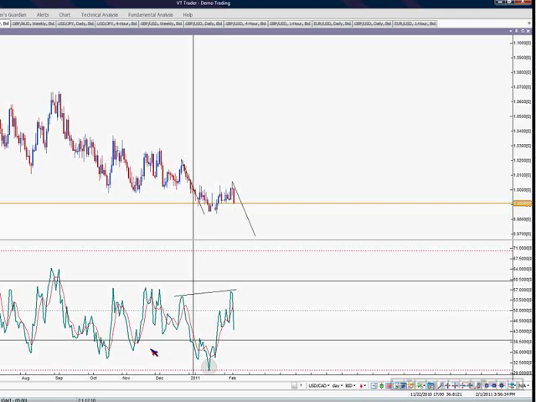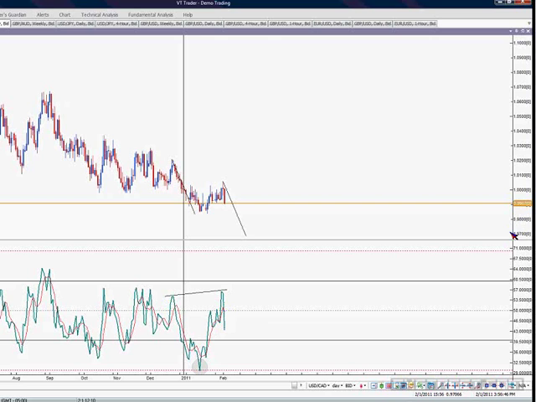So it's not as strong as our other negative reversal signals we've seen, but nevertheless we can treat it as one. And if this continues lower, we have a projection towards the 0.97 area. We know that in 2008 the lows were 0.9750, so maybe we would revise it a little higher.